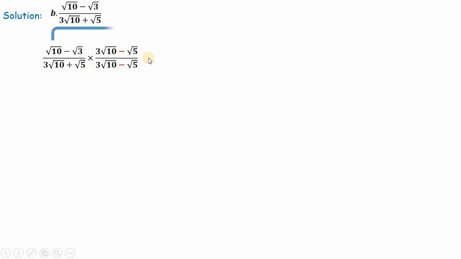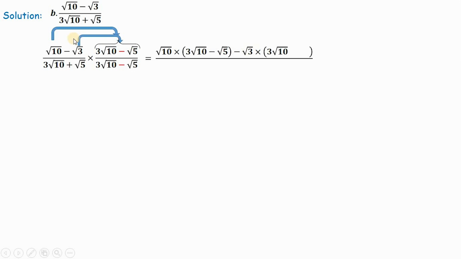So, how do we do the numerator? We'll multiply square root of 10 with this whole portion, that is 3 root 10 minus root 5, and root 3 should multiply this whole portion again. So we'll write it as root 10 bracket, into 3 root 10 minus root 5, we'll copy the same, and minus root 3 into 3 root 10 minus root 5.